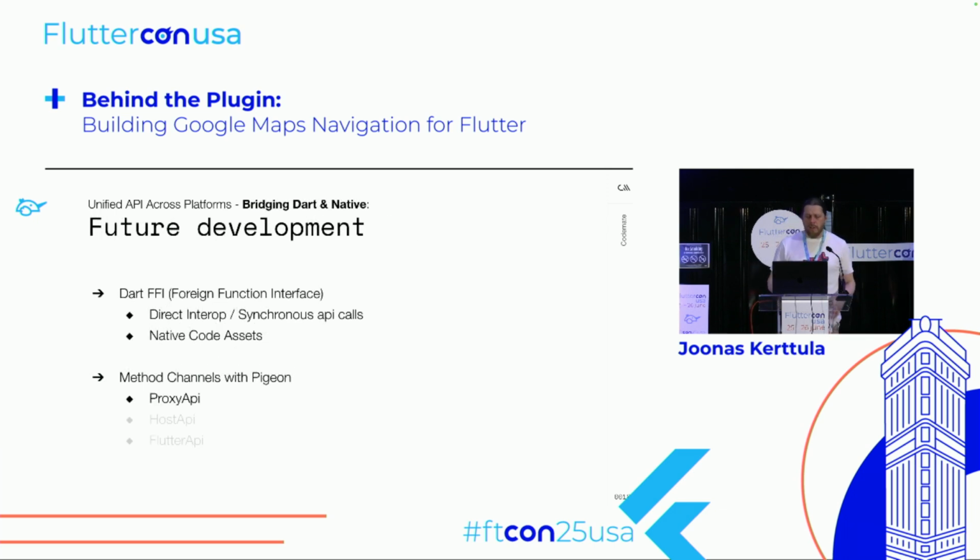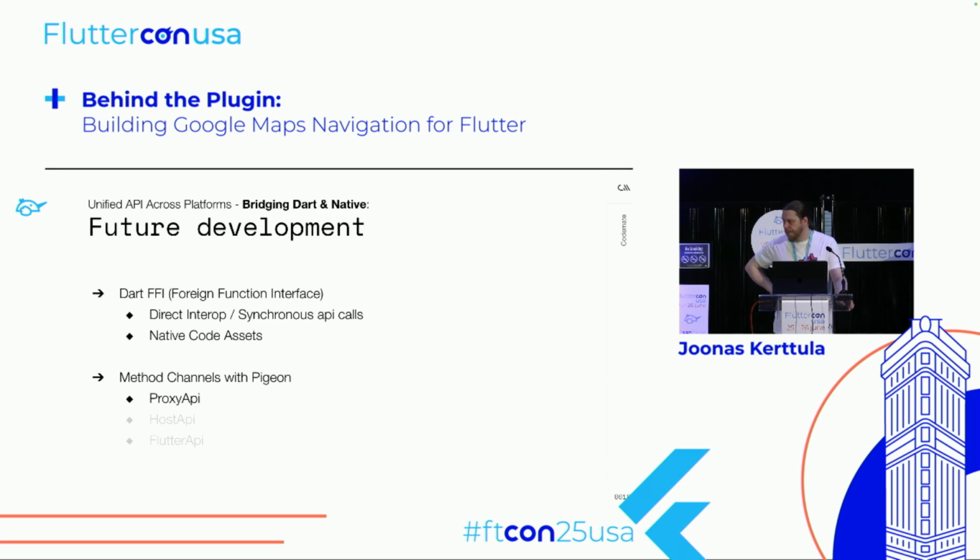For future development, I have to say that method channels are fast enough. They are really fast. The application works really fast in release mode. There isn't really a reason to refactor the current implementation at the moment. But in the future, a possibility is Dart FFI.